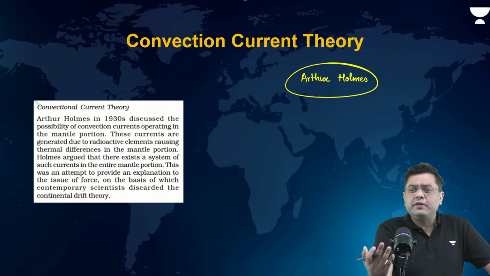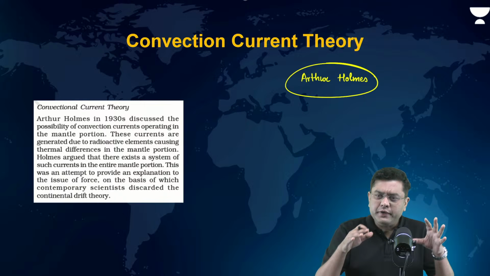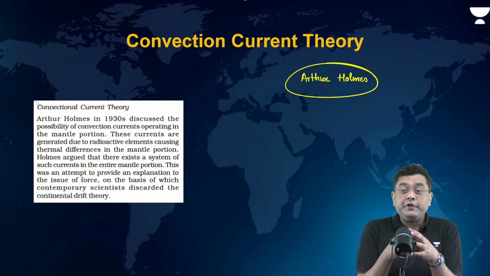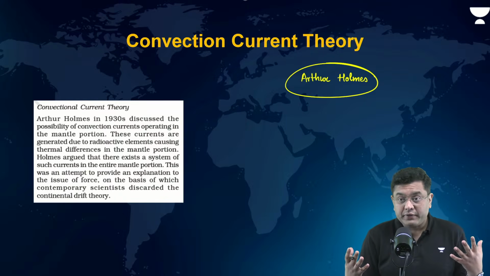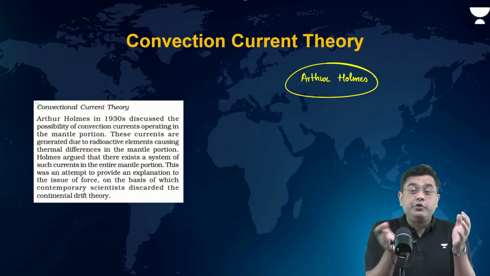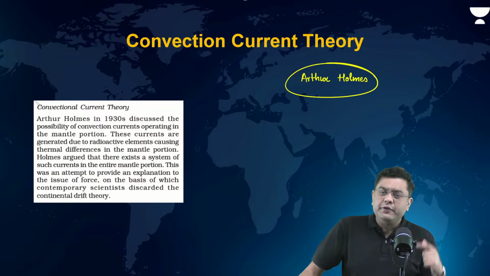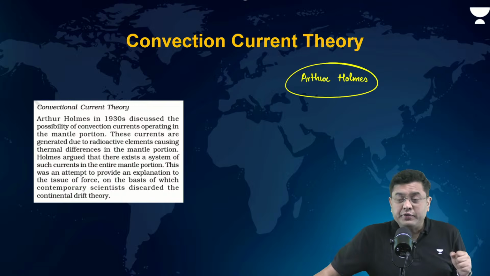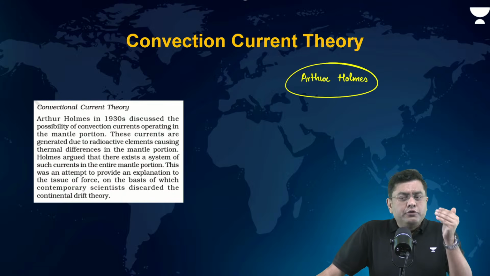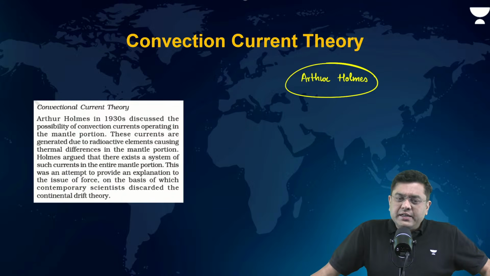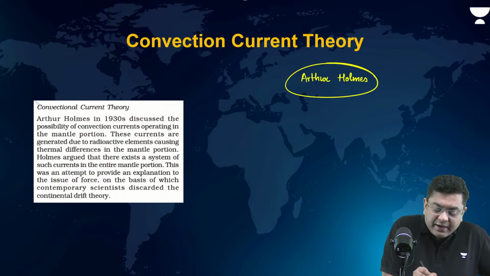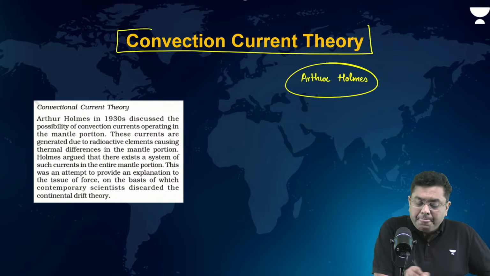That is where Arthur Holmes provided a series of theories, even a theory associated with the formation of mountains. Formation of mountains also is something that he associated with radioactivity. Arrangement of layers of planet Earth is also something that he associated with the radioactive heat. So, based upon that, he provided a theory that is known as the convection current theory.